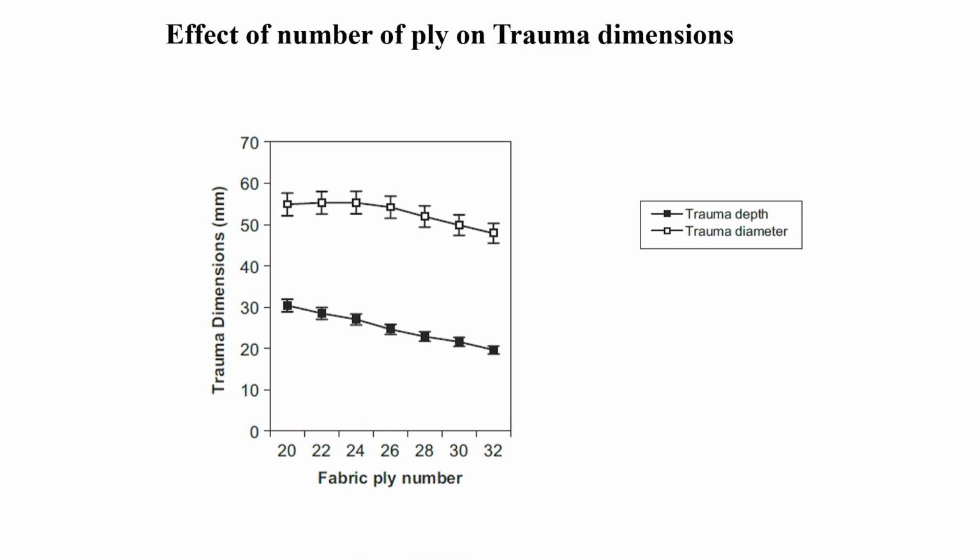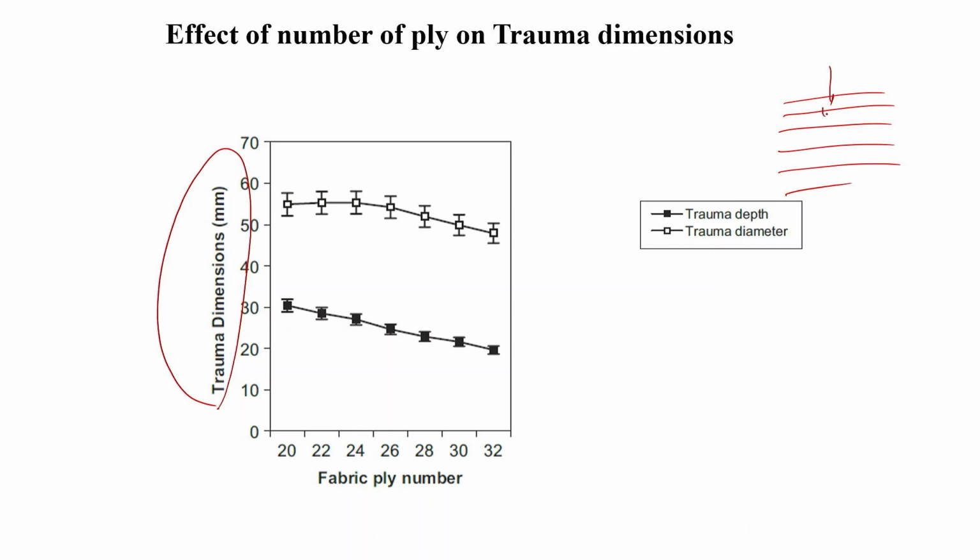Now, fabric number of ply and trauma dimension. If we increase the number of ply, the trauma dimension, that is the depth of trauma, like back face signature, generally reduces, because with more ply it becomes a little bit stiffer, and the next layer will keep on absorbing whatever energy remains. So at the last layer the deflection will be lower.